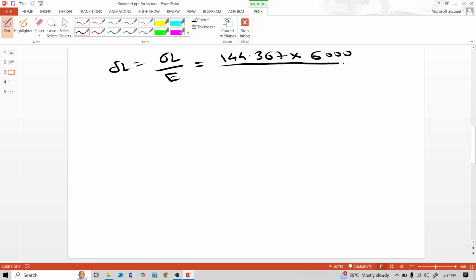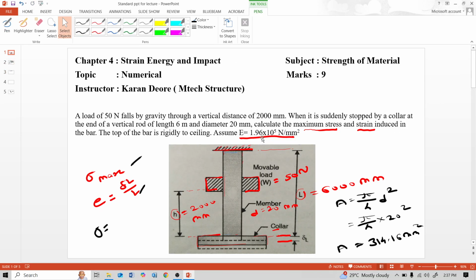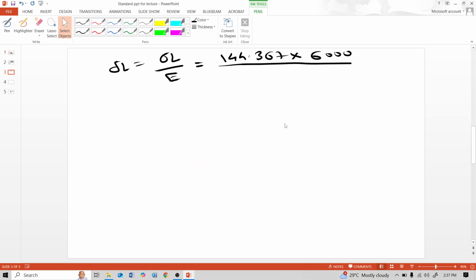And E is 1.96 into 10 raised to 5. So 144.367 into 6000 divided by 1.96 into 10 raised to 5 is 4.42 mm.